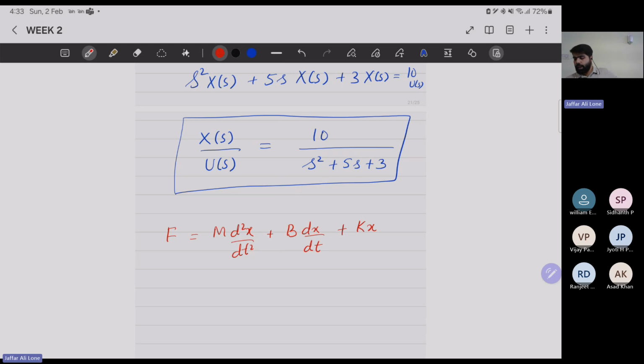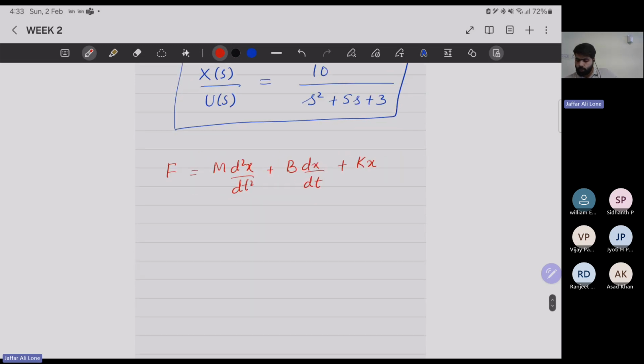So now if you are asked to find the transfer function of this system by taking displacement as the output and the force as the input, you can easily write this as 1 over m s square plus b into s plus k, right?